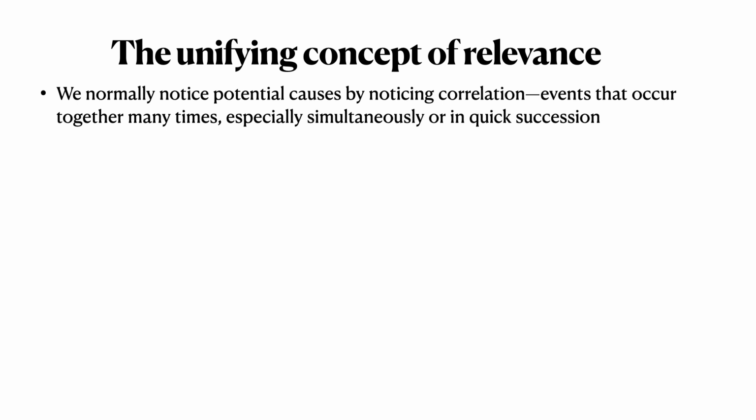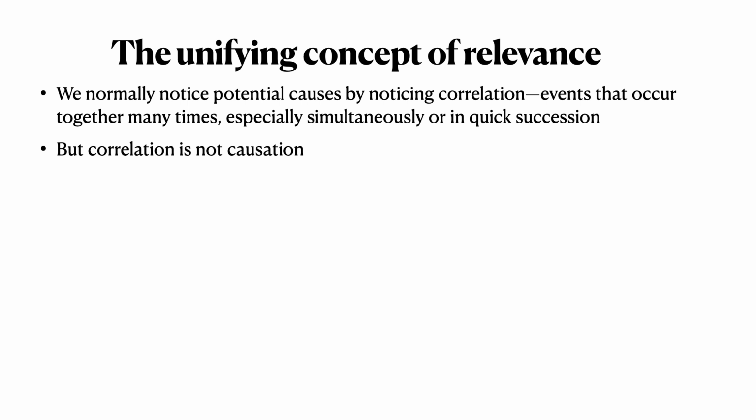This takes us then to the unifying concept of relevance. We normally notice these potential causes by noticing correlation between events that occur together, often many times, often simultaneously or maybe just in quick succession. But we know that correlation is not causation. We're not dumb enough to fall for the idea that our team wins because we wore our lucky sweatshirt, or that the stock market goes up because the Phillies won the World Series or something like that, right?